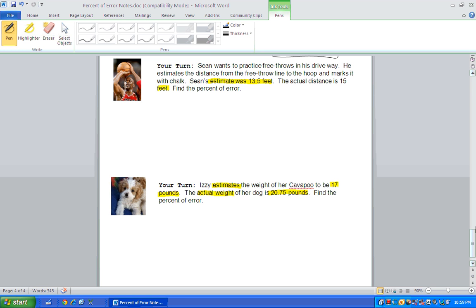So for Sean, his approximate value, or the estimate, was 13.5 feet minus the exact distance, which was the 15, divided by the exact, and we're going to multiply that by 100 to change it to a percent.